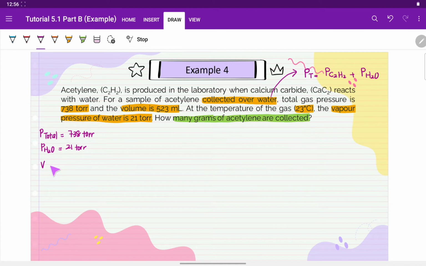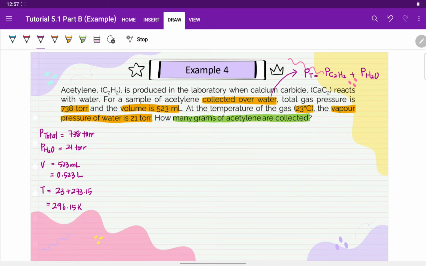So, maksudnya volume of gas collected. Okay. Adalah 523 milliliter. Which is equals to 0.523 liter. Saya just tulis saja dekat sini. Okay, in case kita nak kena guna dalam liter. Okay, kemudian dia bagi tahu temperature adalah 23 degree Celsius. Terus tukar siap-siap kepada Kelvin. Okay, so tambahkan 273.15. So the temperature in Kelvin is 296.15 Kelvin.